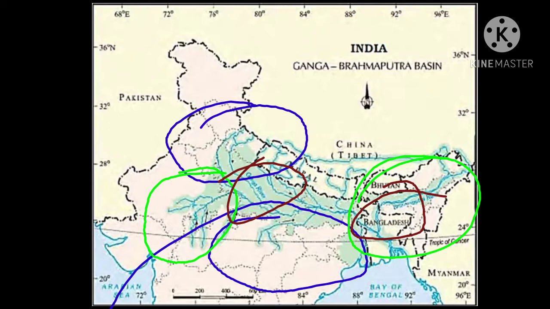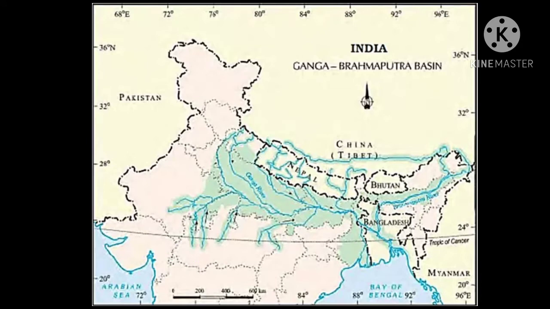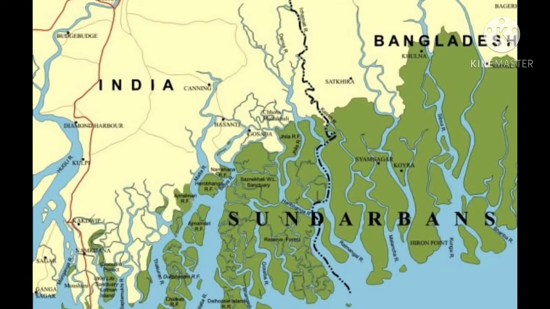The vast lowland plains are formed by the alluvium deposited by the Ganga and its tributaries like Yamuna, Gomti, Gandak, Kosi, Son, Damodar, etc. The area is drained by the rivers Ganga and Brahmaputra and their tributaries.